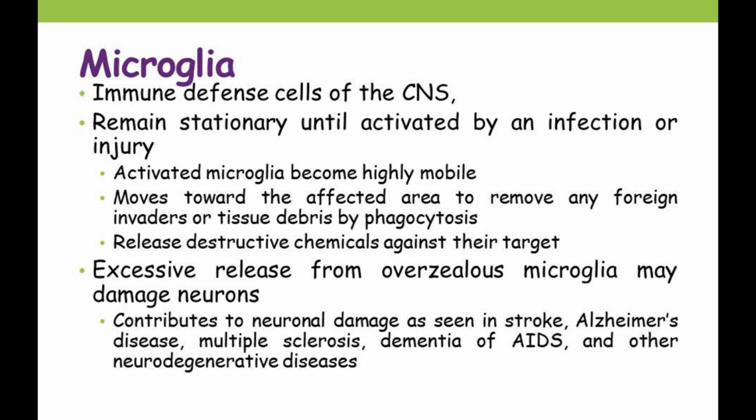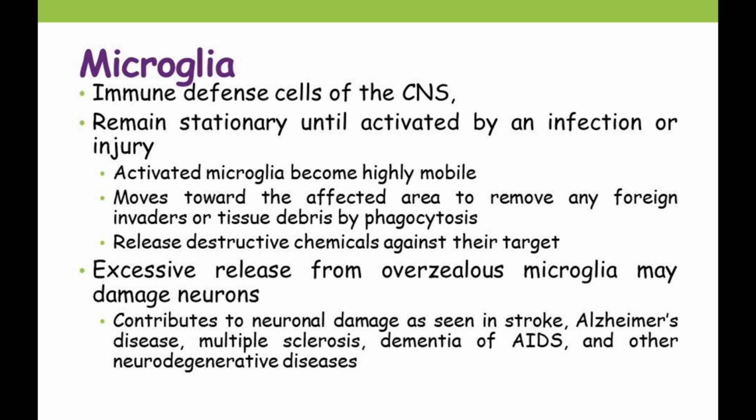Again, overzealous microglia, or excessive action of microglia, can cause damage to the neurons, and they contribute to neuronal damage, as can be seen in stroke, Alzheimer's disease, multiple sclerosis, dementia of AIDS, and other neurodegenerative diseases.